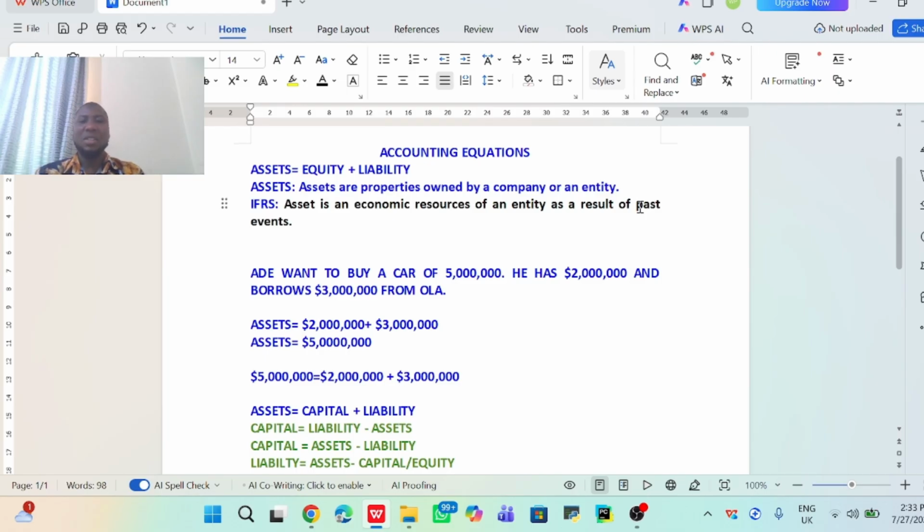That's why IFRS gave us this definition, that an asset is an economic resource owned by an entity.